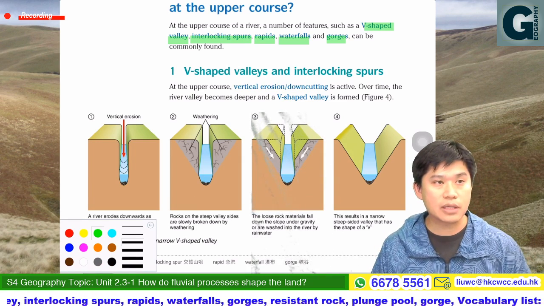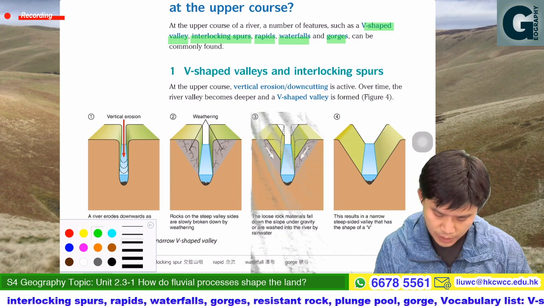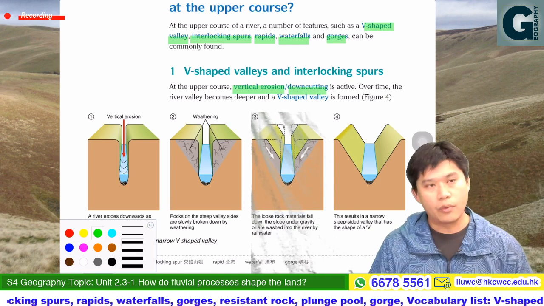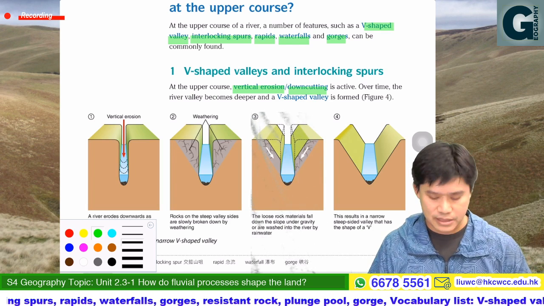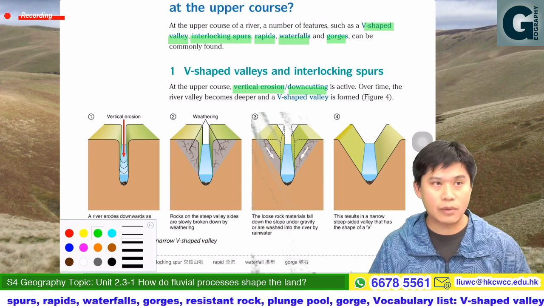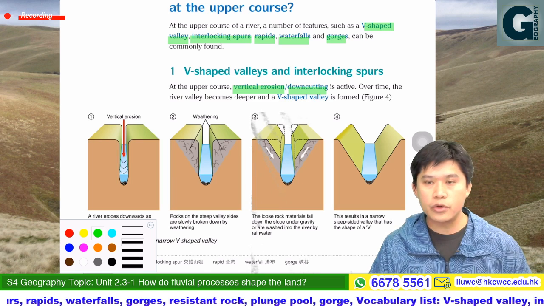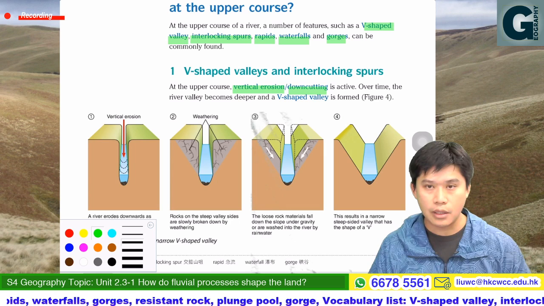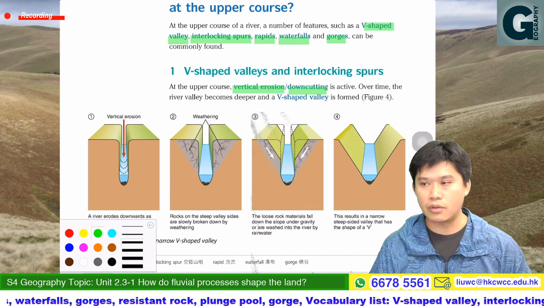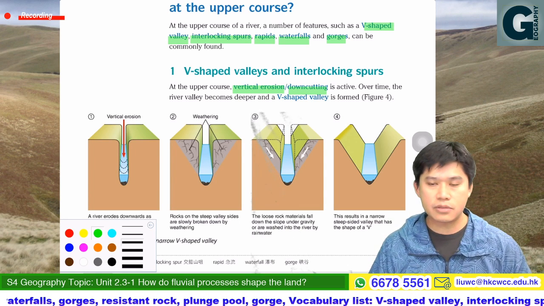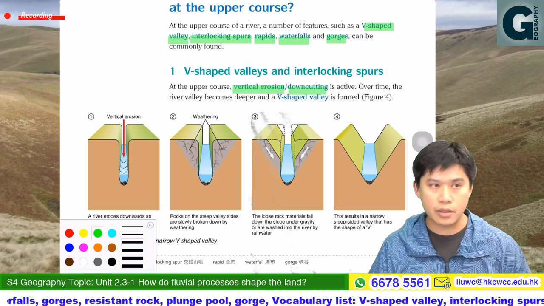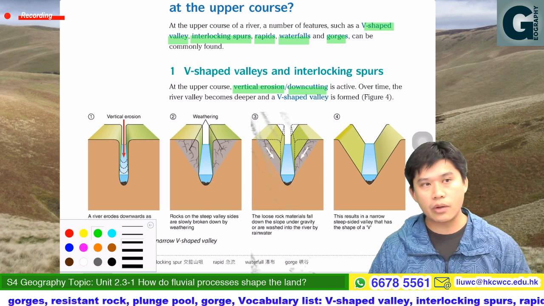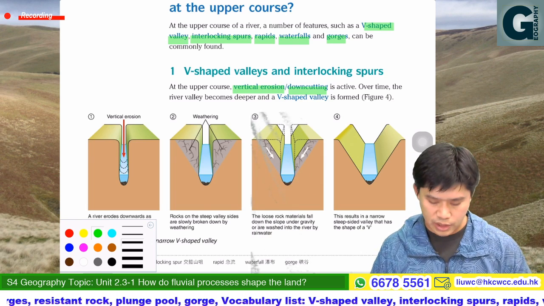It is because in the upper course, please mark this, vertical erosion or what we call down-cutting would be very active. I hope you still remember when we mentioned the process of erosion. It can be divided into vertical erosion, lateral erosion, and also headward erosion. In the upper course, vertical erosion would be most common.